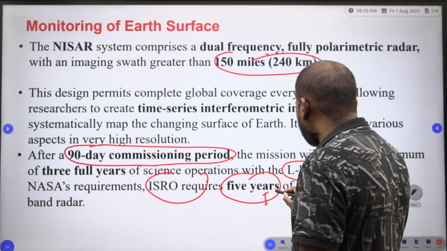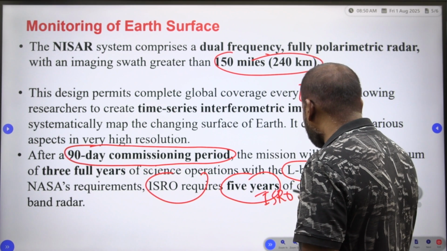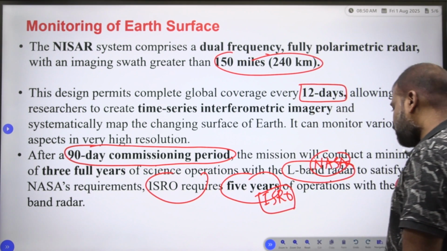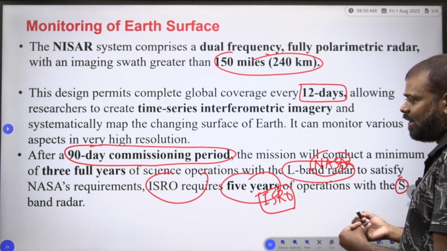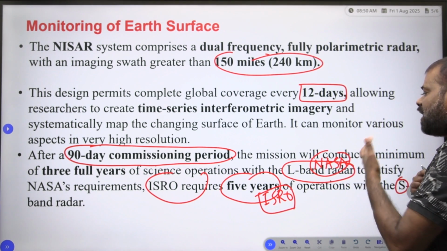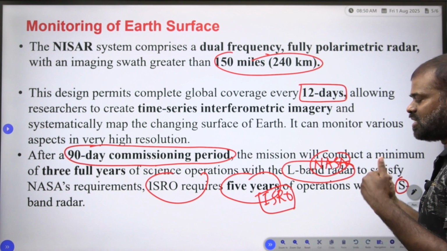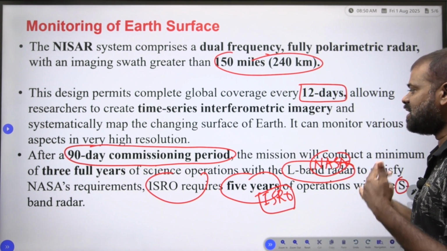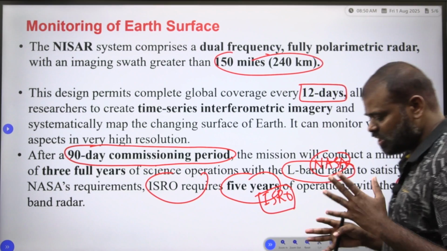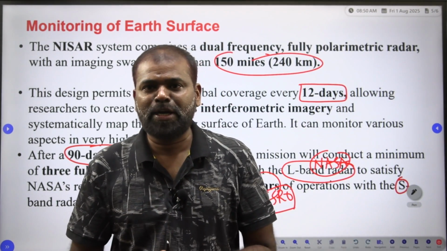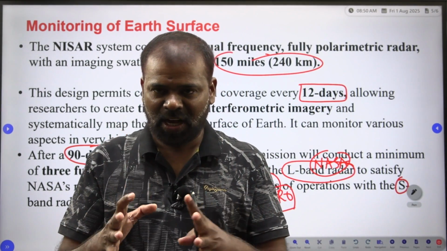ISRO can operate the S band radar for 5 years, but for the NASA L band radar only 3 full years of science operations they will do after the 90-day commissioning period. Clear? So, this is very, very important information about NISAR.